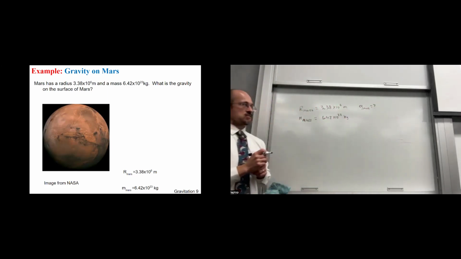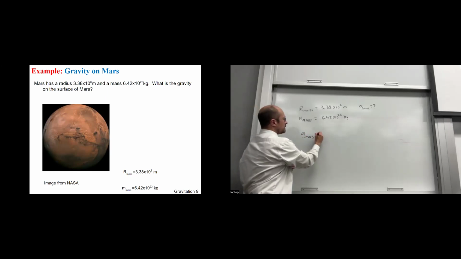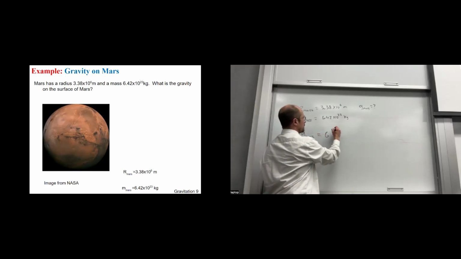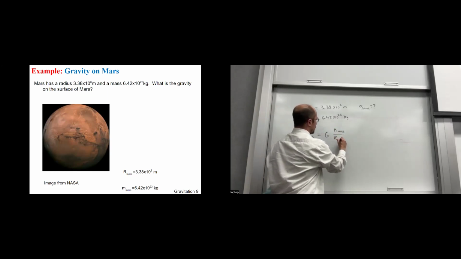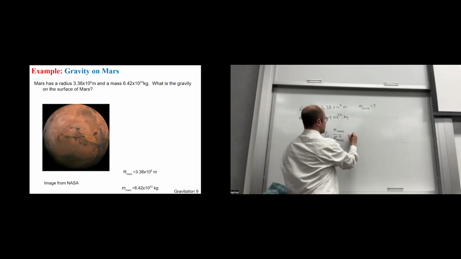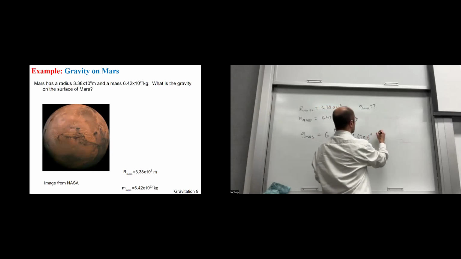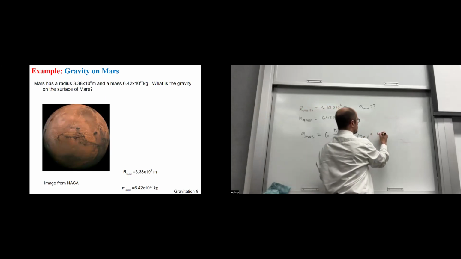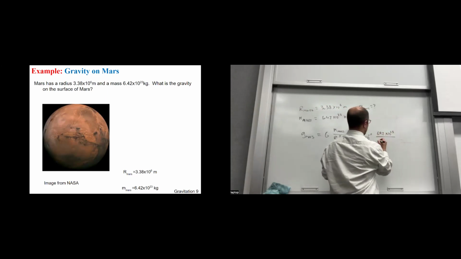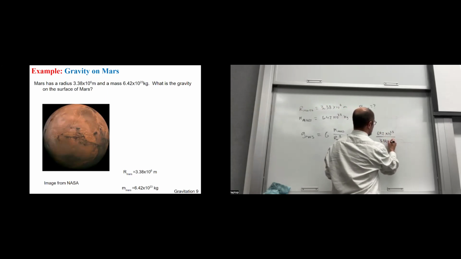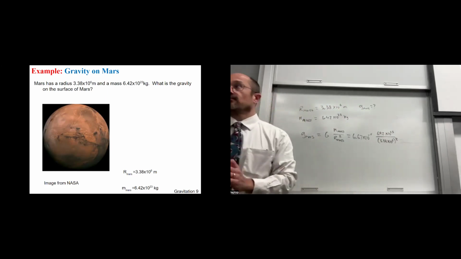So we can just use our equation for g, and the g on Mars is just going to be big G times the mass of Mars, divided by the radius of Mars squared. So in this case, it's our 6.67 times 10 to the minus 11 times our 6.42 times 10 to the 23 divided by our 3.38 times 10 to the 6 squared.